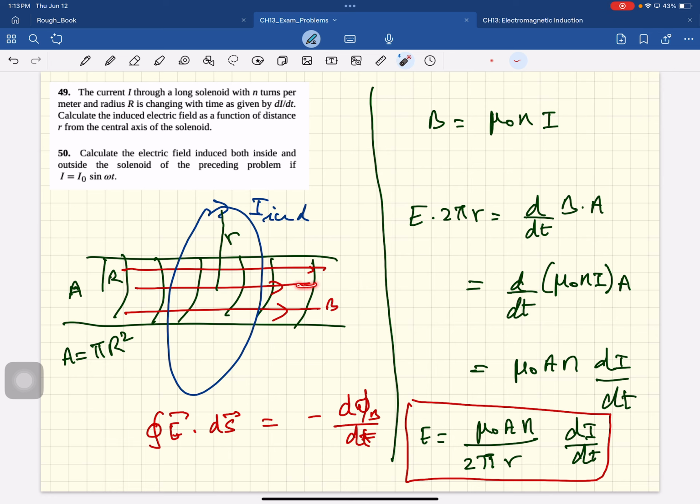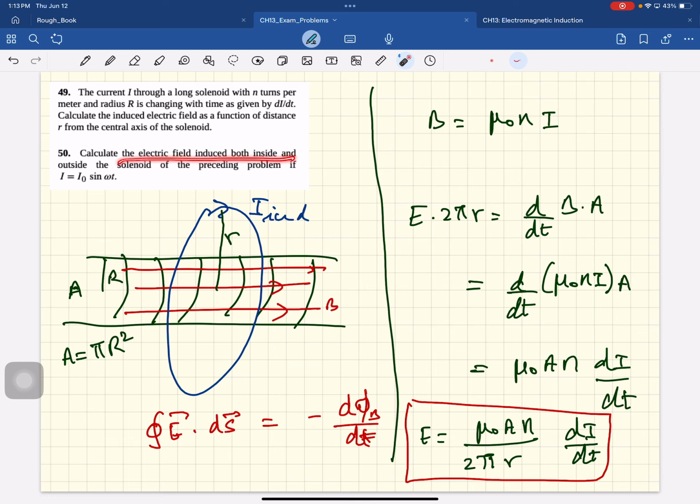There's no change in the magnetic field, and that won't induce any. So you want a time varying magnetic field. So this is for the outside, and you can put in I and calculate that.